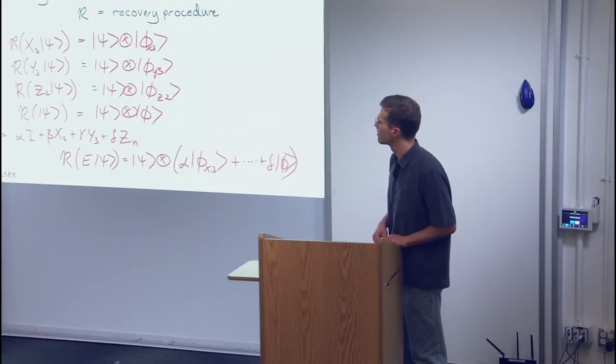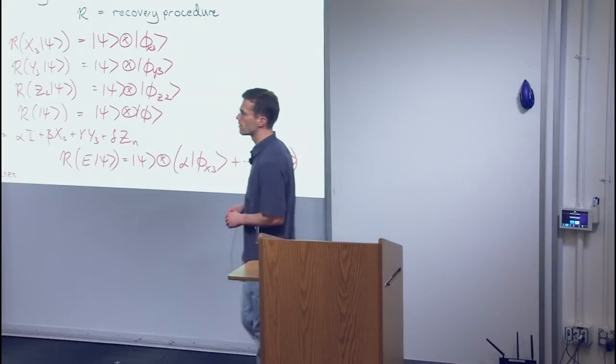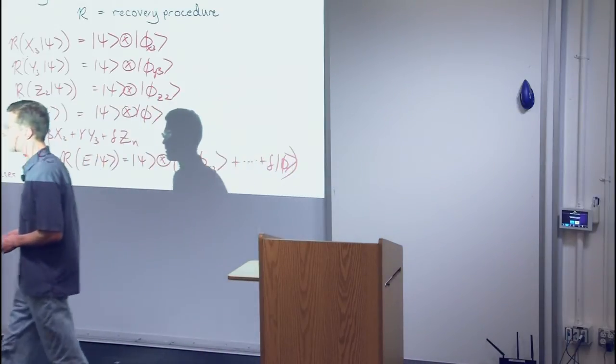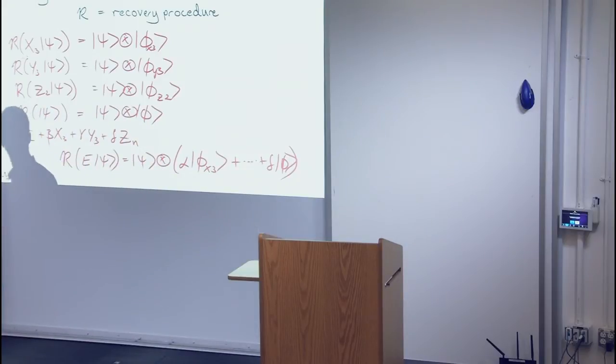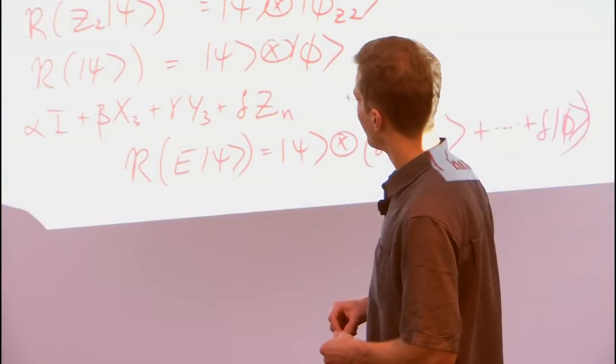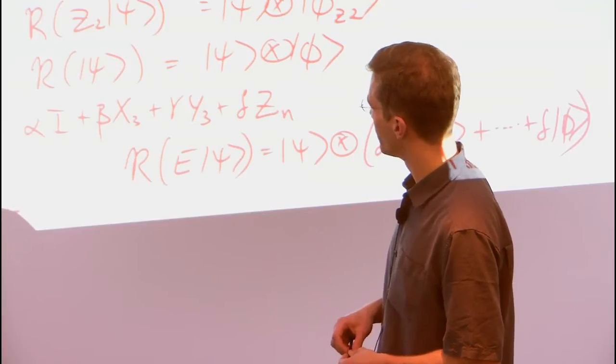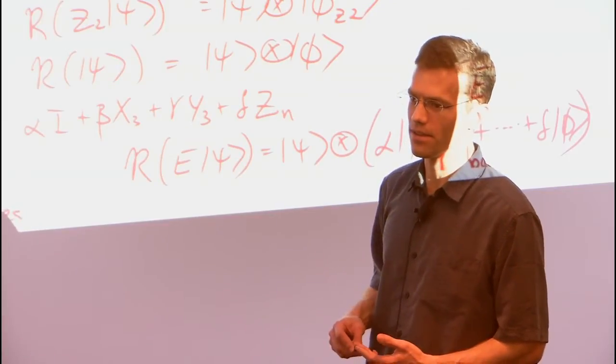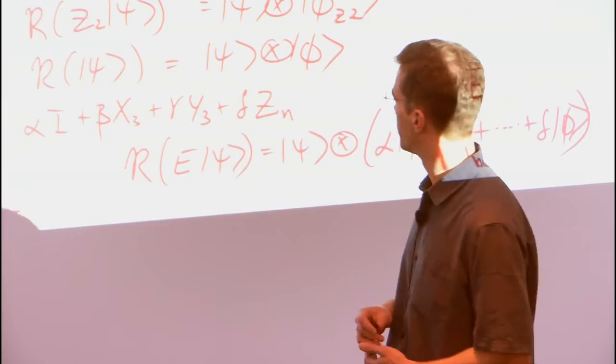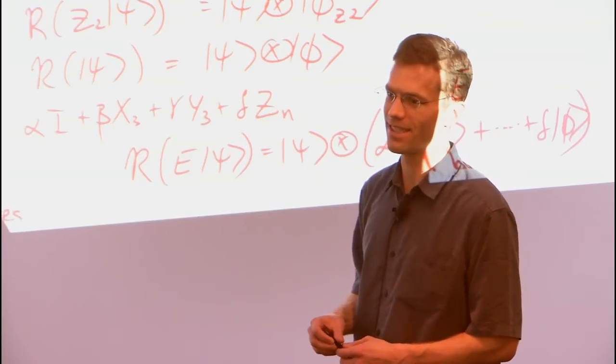The error E now is causing a distance of 2, right? Because it's acting on two different qubits. Yeah, that's interesting. Now this error does act on two different qubits, so it's not one-local, it's two-local, but still a recovery procedure fixes it.